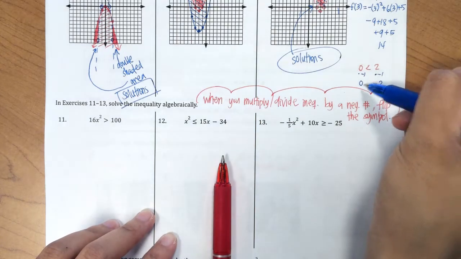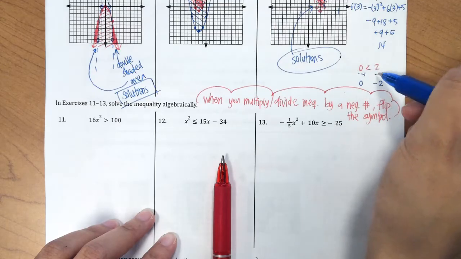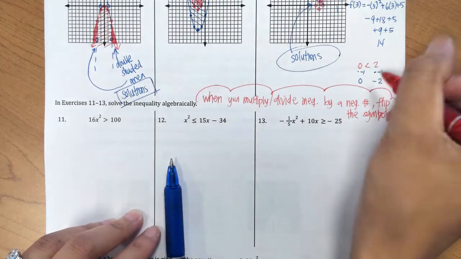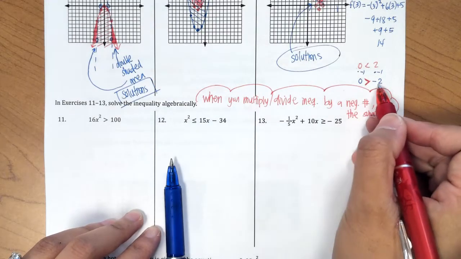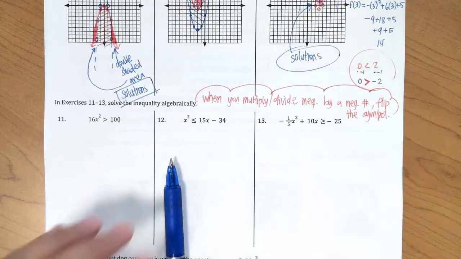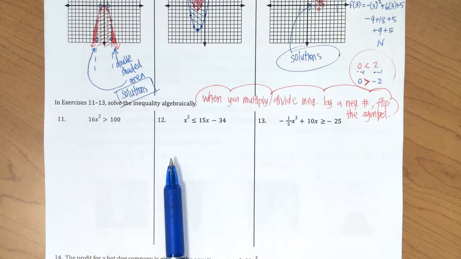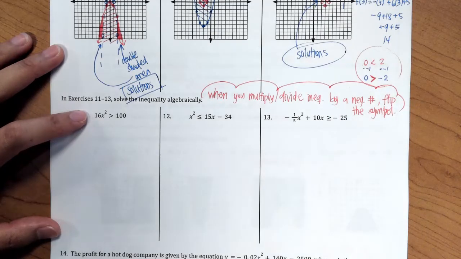Do you see how 0 is not less than -2 anymore? When you multiply by a negative, your symbol has to switch and it becomes 0 is greater than -2. This shows that it works. It doesn't necessarily show you why, but the why is because if you flip the signs, then you have to switch the symbol. So, knowing those two, let's start solving.